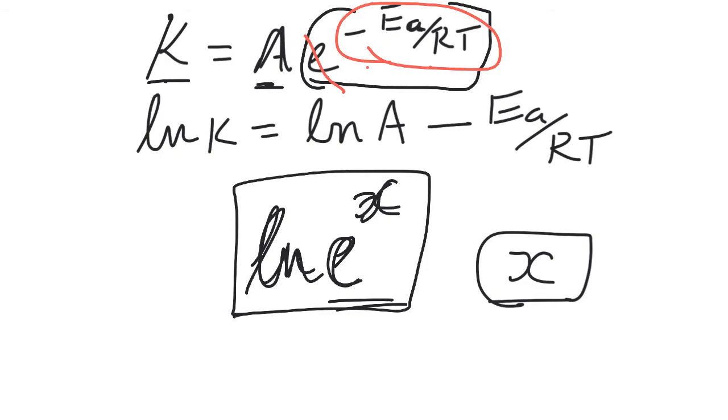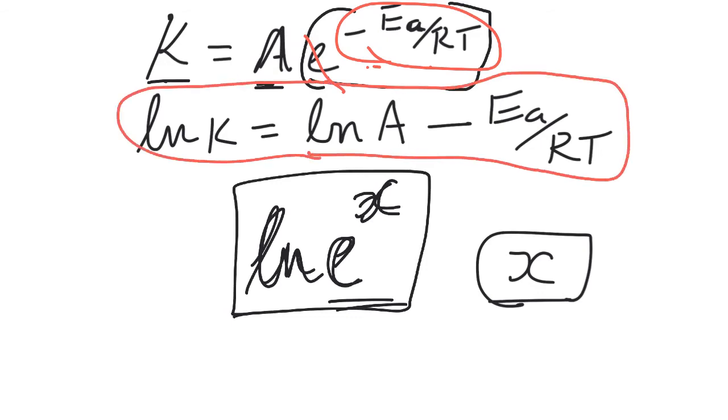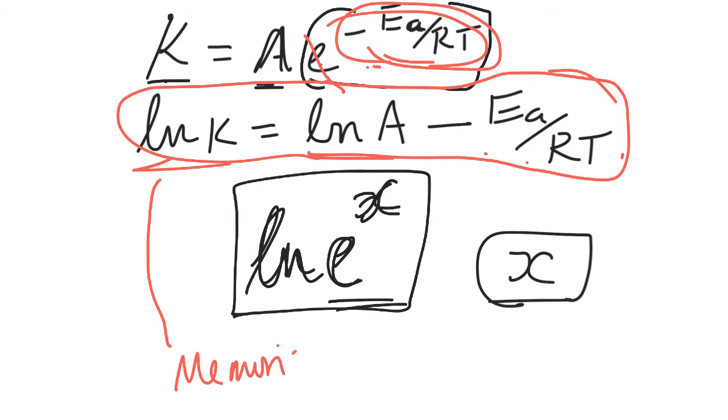It's no longer raised to the power of e, it's just a normal number, a normal factor here. Okay, so ln k equals ln A minus Ea over RT. This is the linear form of the Arrhenius equation. You should really familiarize yourself with both forms of the Arrhenius equation.